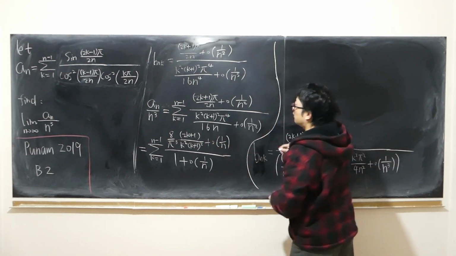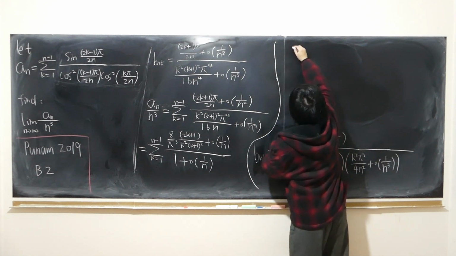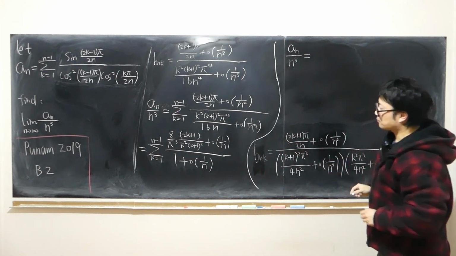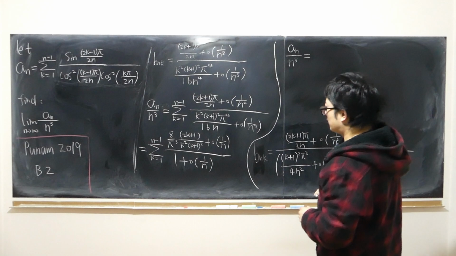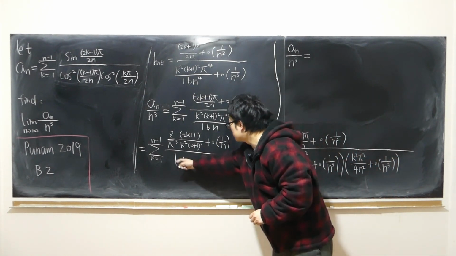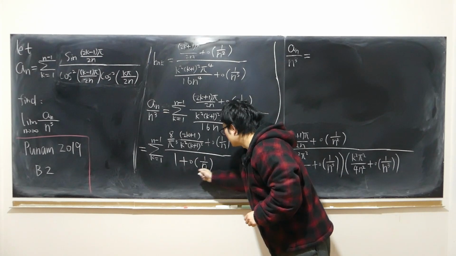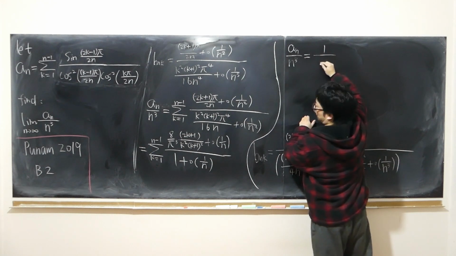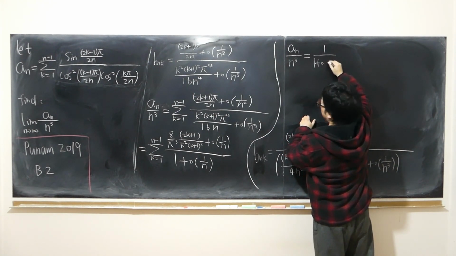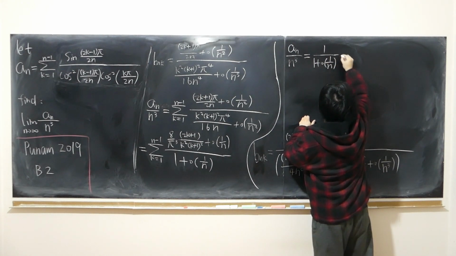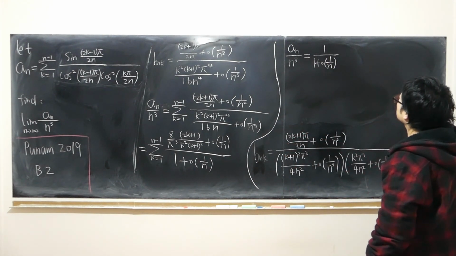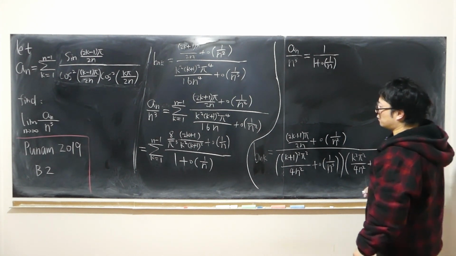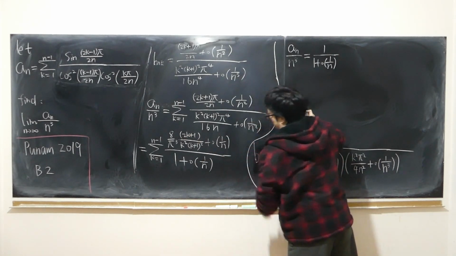Then we can say a_n over n cubed is equal to, first of all, the sum where k is summing. This one has nothing to do with k. Factor this one out: 1 plus little o of 1 over n. Then separate this sum and this sum.